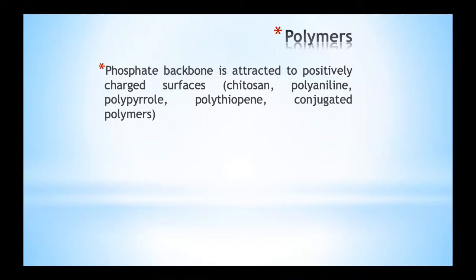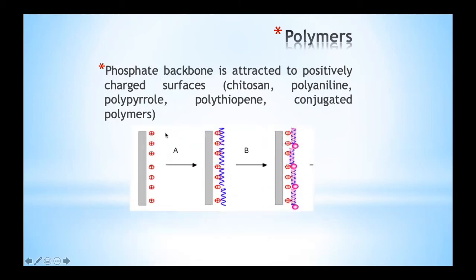Another strategy is by using positively charged polymers. For example, we have chitosan, polyaniline, polypyrrole, polythiophene, as well as other conjugated polymers. Since the charges of the polymers are positive and the charges of the DNA probe, the phosphate backbone, is negative, then there is electrostatic interaction between the positive charge of the polymer and the negative charge of the phosphate backbone of the DNA.